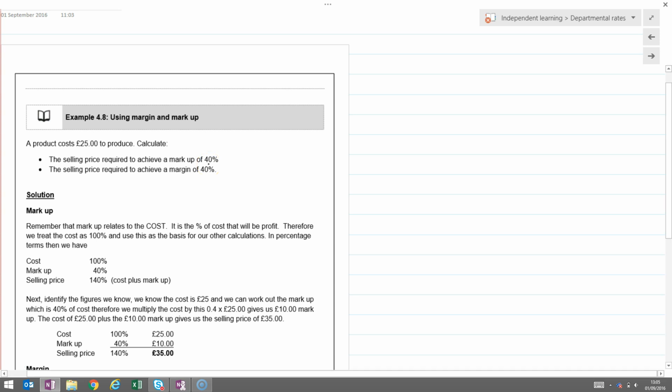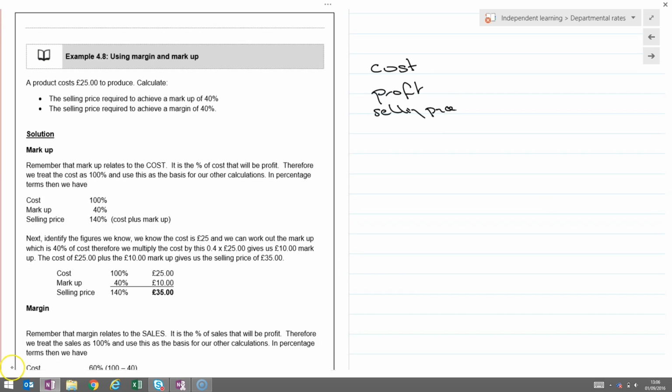Right, so a product costs £25 to produce, and you're asked to calculate the selling price required to achieve a markup of 40% and the selling price required to achieve a margin of 40%. So always start with cost, profit, selling price. So we know a product costs £25.